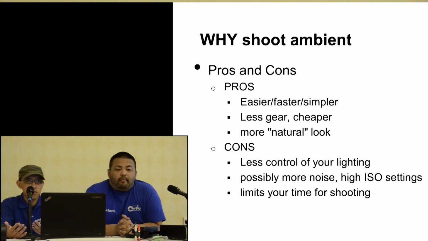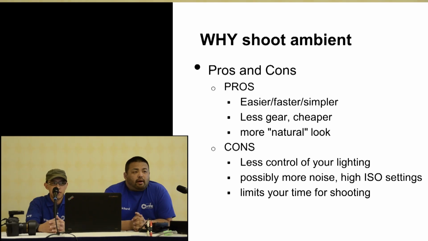Generally, for the most part, I prefer shooting strobes because it gives me more control. With ambient light, you have less control of your lighting. You have to deal with whatever's available to you. With the help of a reflector, but you're still pretty much at the mercy of whatever's out there. With strobes, you can shoot low ISO all the time because you're controlling your light and the power of your light.